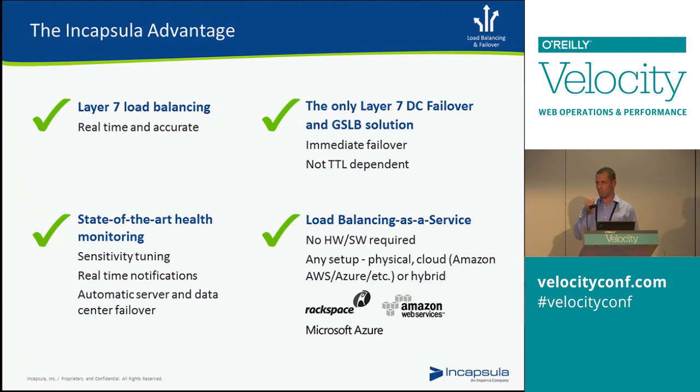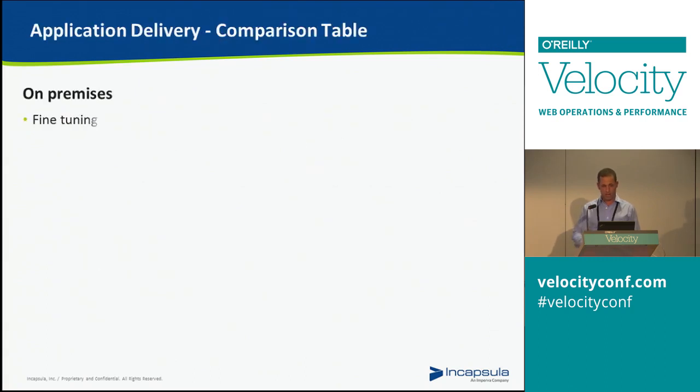So this is just a taste of how application delivery from the cloud can give you more values than an on-premises solution. And I wanted to show here a short comparison of the two. So on-premises, you have a few distinct values, like the ability to fine-tune things to your own setup.